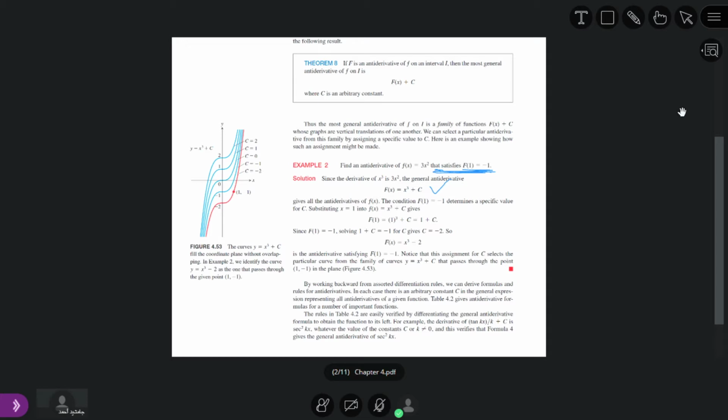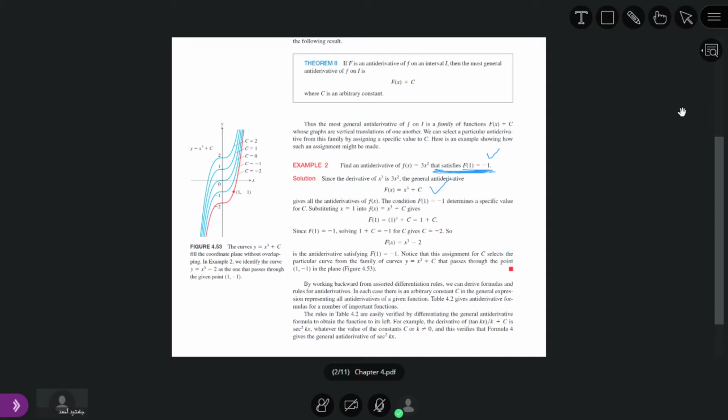If a condition is given, it can be a different condition. Suppose it can be F of 0 is equal to some value, F of 2 is equal to some other value. So this condition will be different for each question.